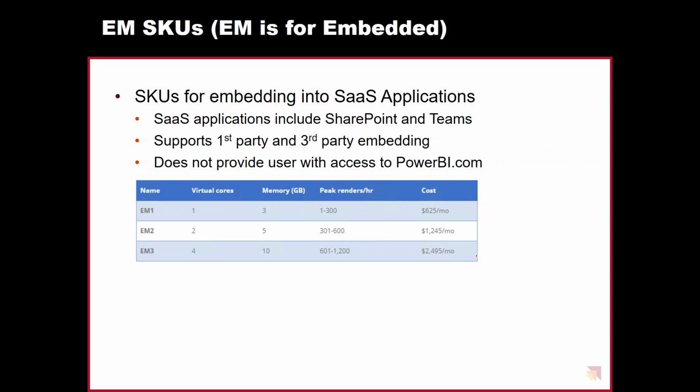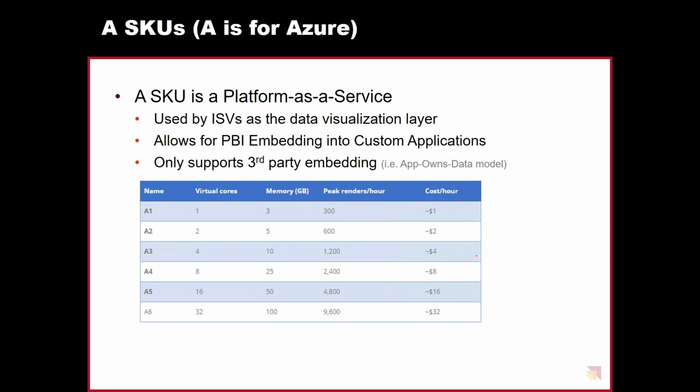But once again, for companies that either want to roll their own user interface experience with first-party embedding, or they would like to do the embedding in SharePoint and Teams, which is a no-code approach these days, the EM SKU might be good because you can have more users move from the Pro license to the free license.